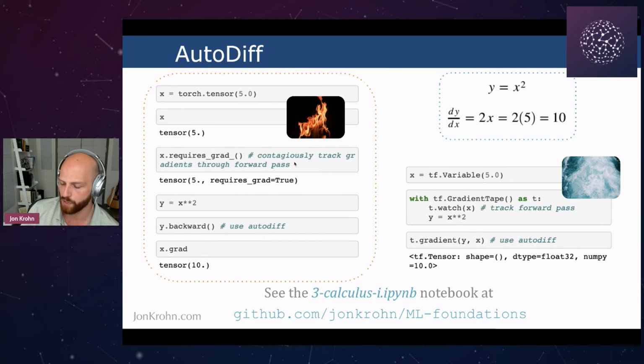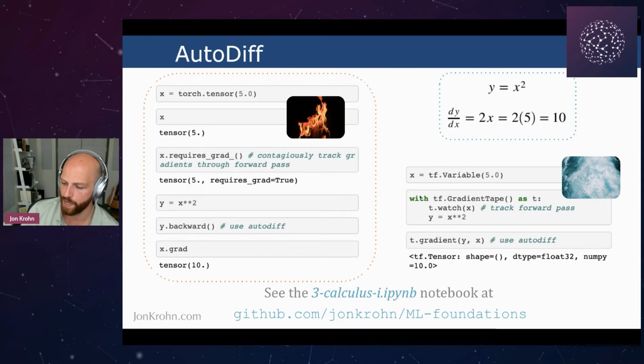In PyTorch and TensorFlow respectively here, I'm showing you the code that allows us to perform the same operation. We define a function here or here, and we flow a particular x value into that function, say 5. With PyTorch here, we actually perform automatic differentiation, and we get back our result of 10, and same kind of thing here.